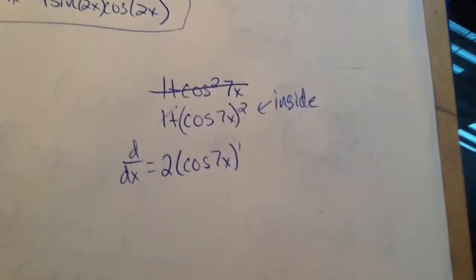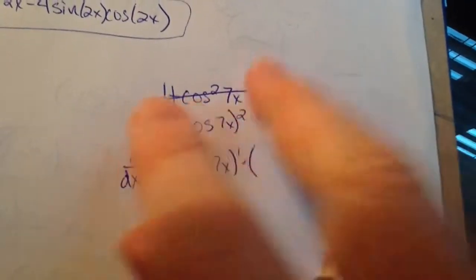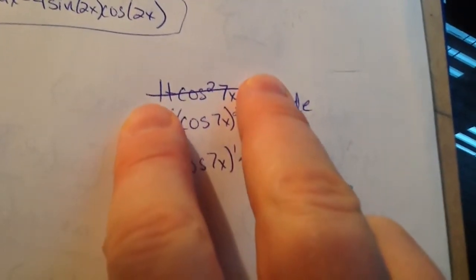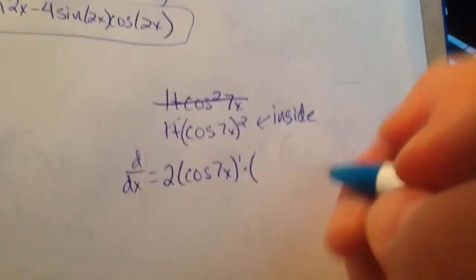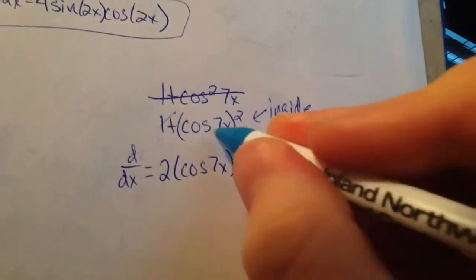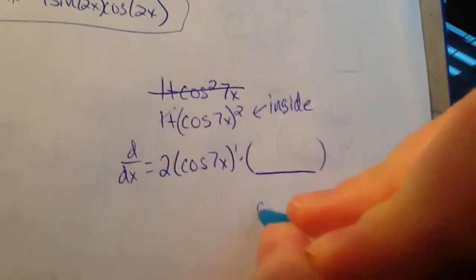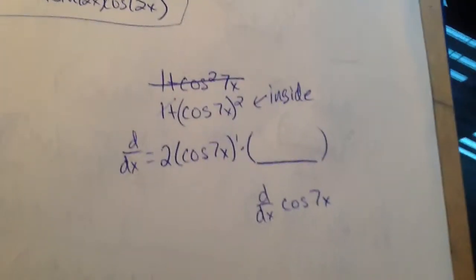Power is going to go to 1. Derivative of the inside. So the derivative of cosine of 7x. Hey, guess what? You have cosine of more than just an x, you're going to have to do chain rule again. So I'm going to need this piece. But in order to get it, I have to do the derivative of the cosine of 7x.